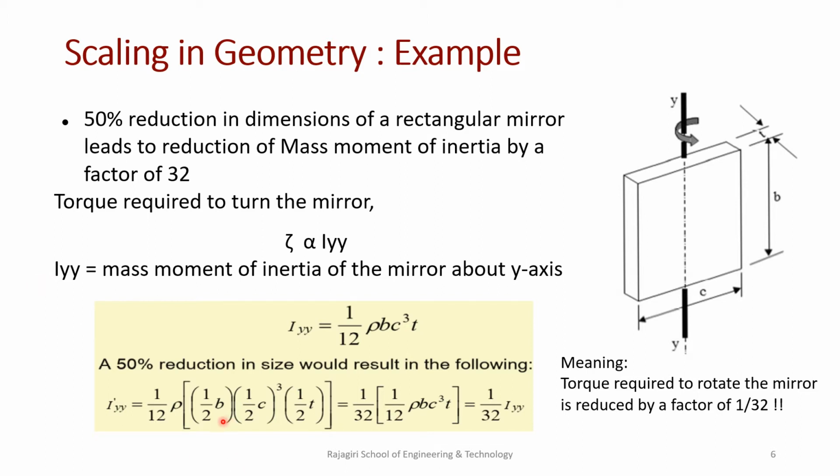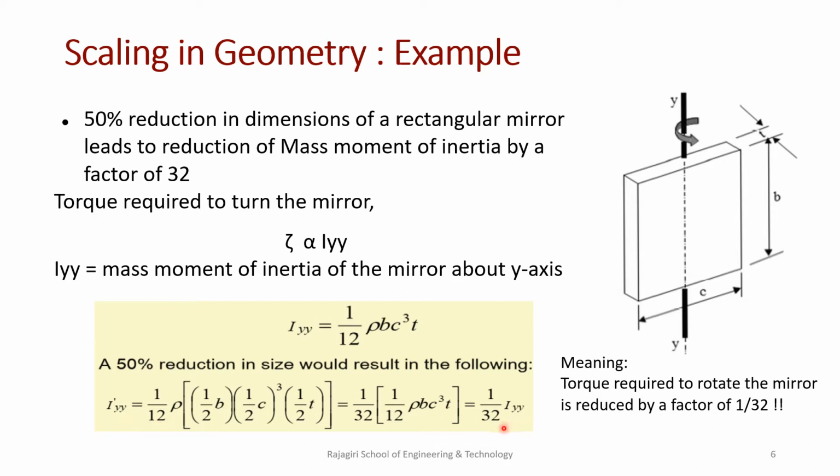In this example, if we are reducing the dimensions of the mirror B, C and T by 50%, we need to substitute B by half of B, C by half of C and T by half of T in the formula for Iyy. While calculating, we get the new mass moment of inertia I dash Yy.